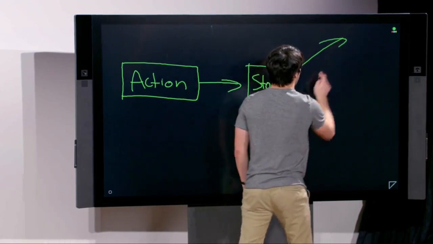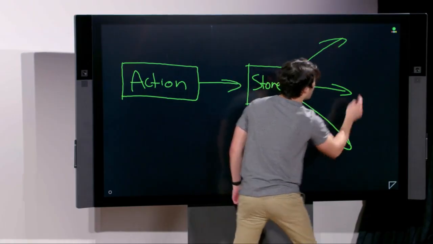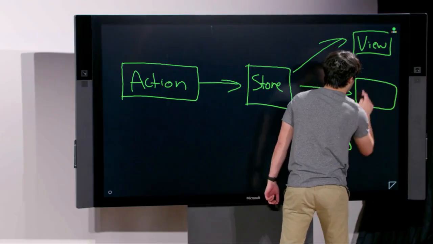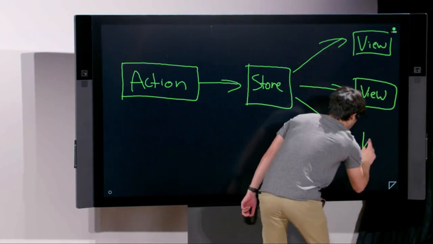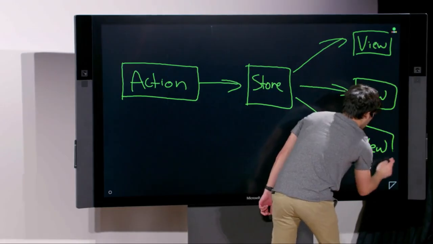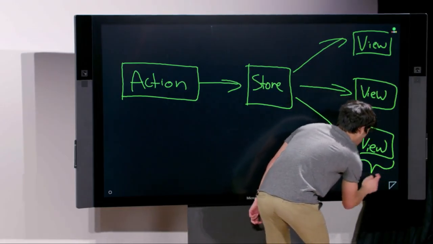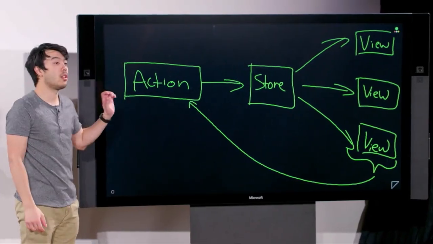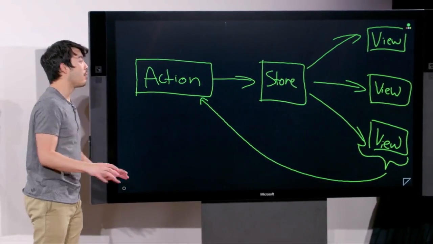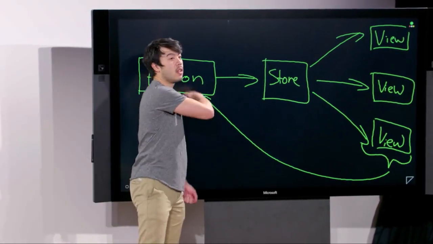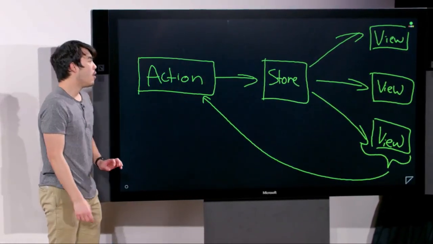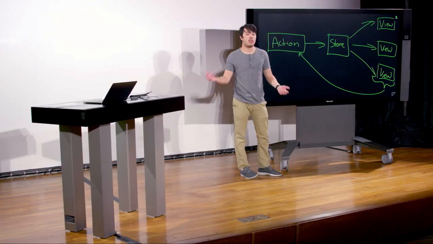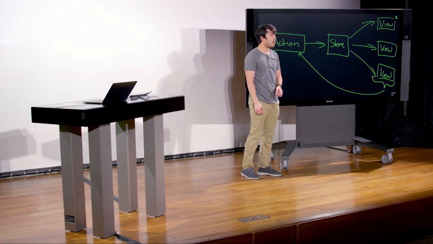And that will update any of its views. And those views with user interaction can trigger more actions. So it's a very similar diagram to Flux, and it's the exact same in that it's a unidirectional flow of data. But the main difference is here, where you have a singular store rather than a potentially large number of stores like in Flux.